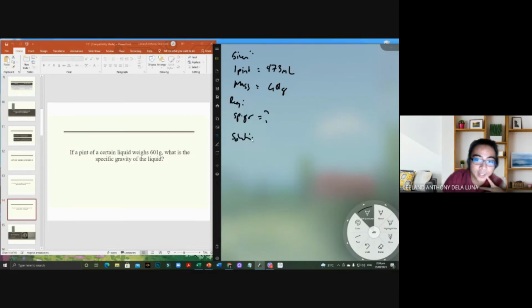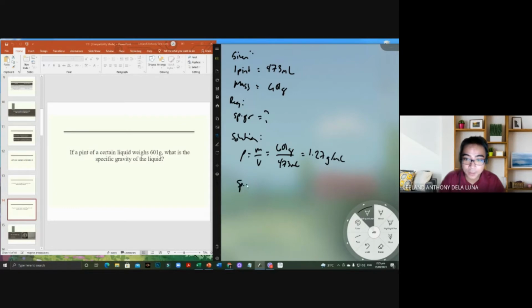So our solution, as I told you, is just density: mass over volume, 601 grams divided by 473 ml. 601 by 473, you get 1.27 gram per ml.